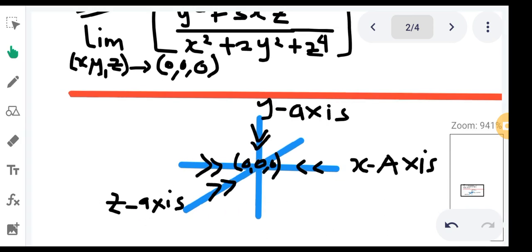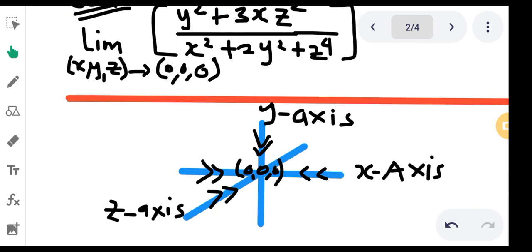So let's see the conditions for approaching those points. When we approach those points and the answer we get is the same, it means the limit exists.